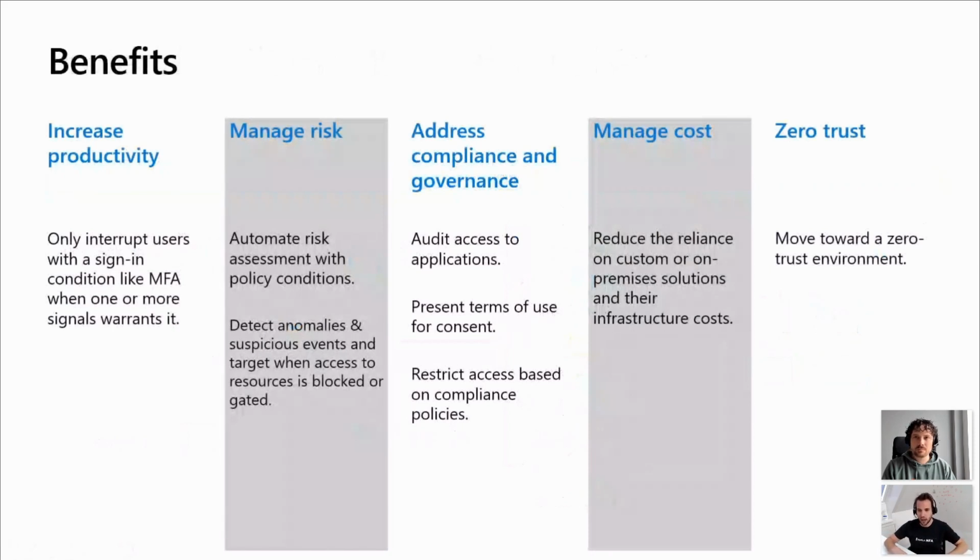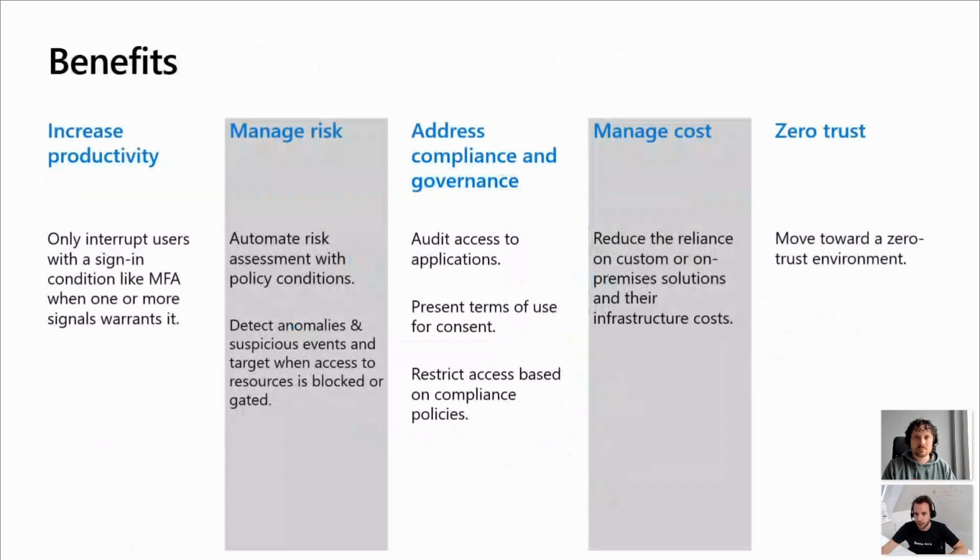We don't want to annoy people with a lot of MFA prompts, because then developers are going to build an app to auto-approve MFA prompts on your phone. And this is a real thing that happened a year ago. There were apps in the Android store that would just auto-approve the notifications coming from the Authenticator app. And I think this totally proves the vision and strategy we're following here with conditional access.